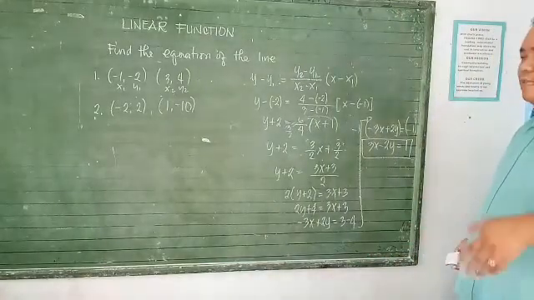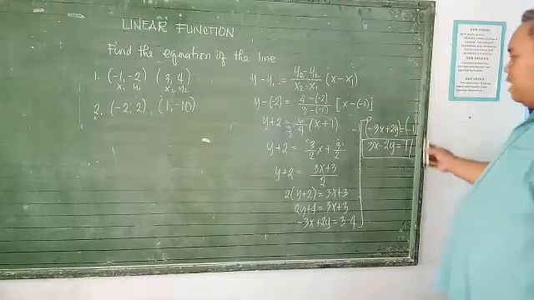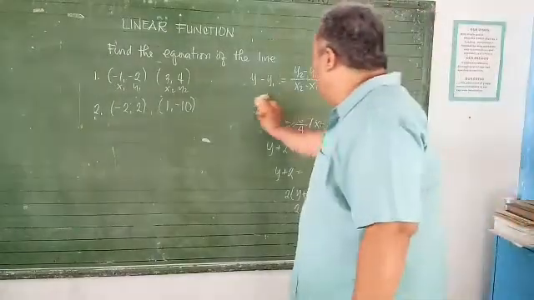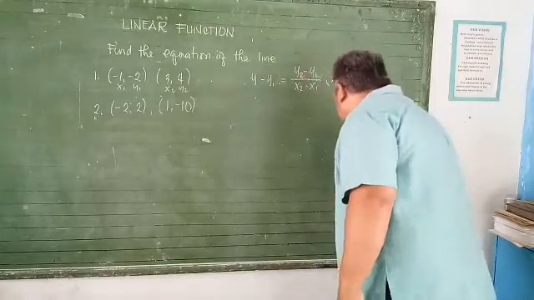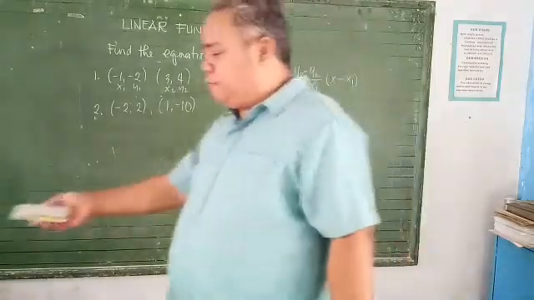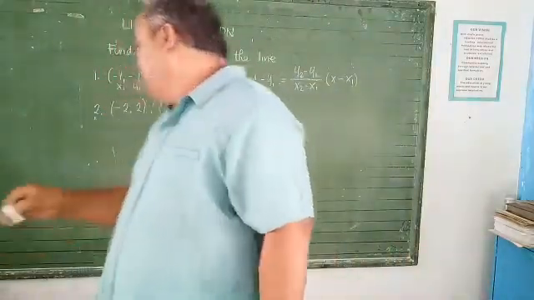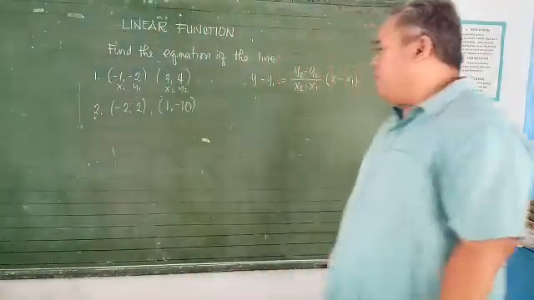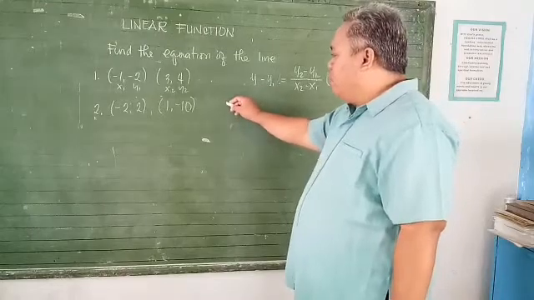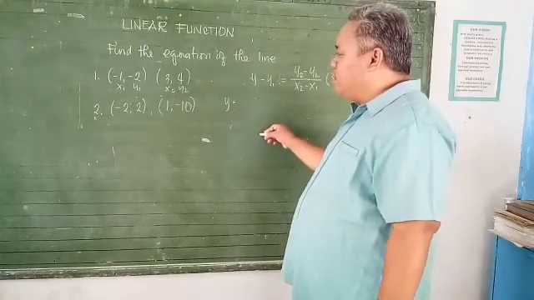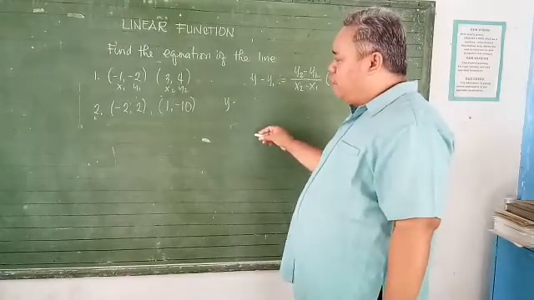So, let us go now to the next number. Let us leave the formula there. Now, we have these points, negative 2, 2, and then 1, negative 10. Following the formula, y minus y sub 1, what will be your y sub 1? That is 2.